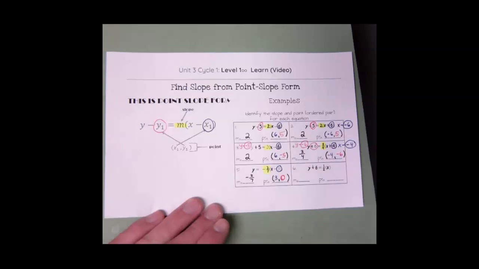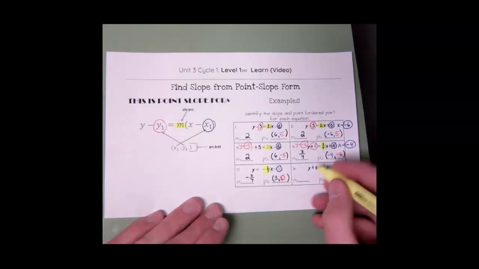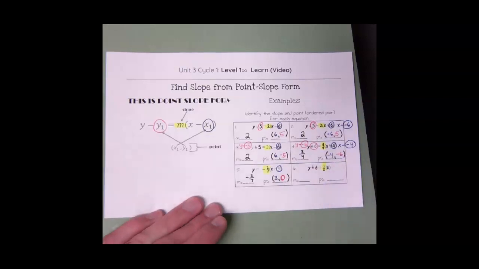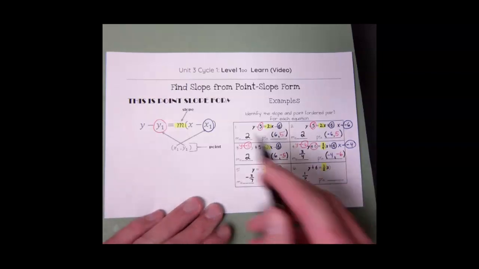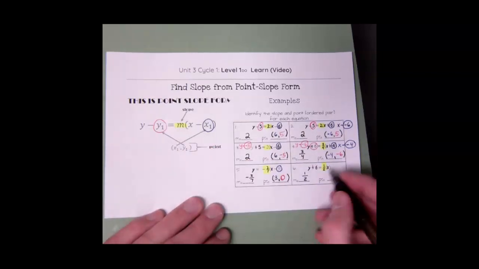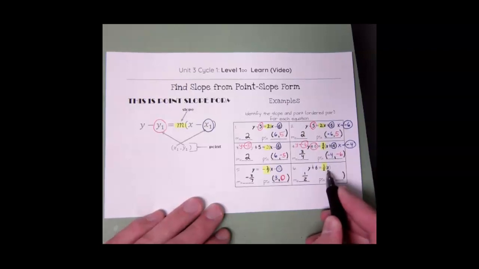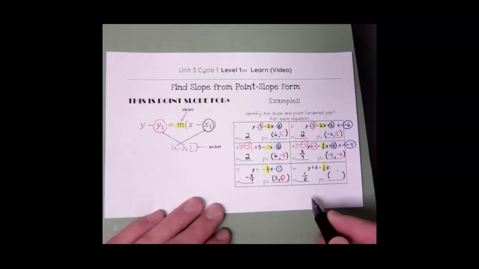Okay? Now this last one, my slope would be 1/2. Okay, because it comes before the x, just like in my equation. And my point, let's look at x. Is there anything after x?